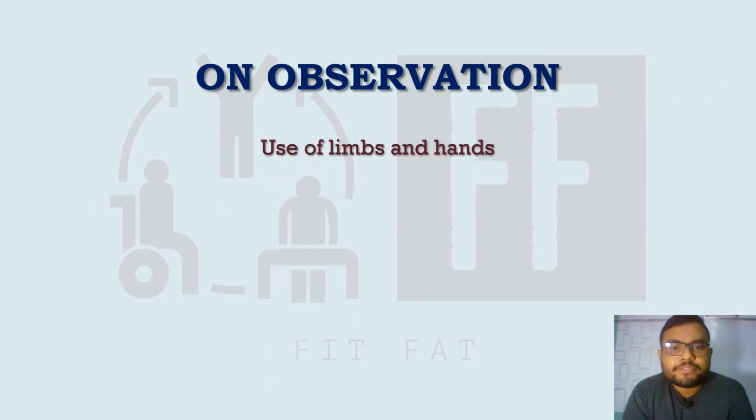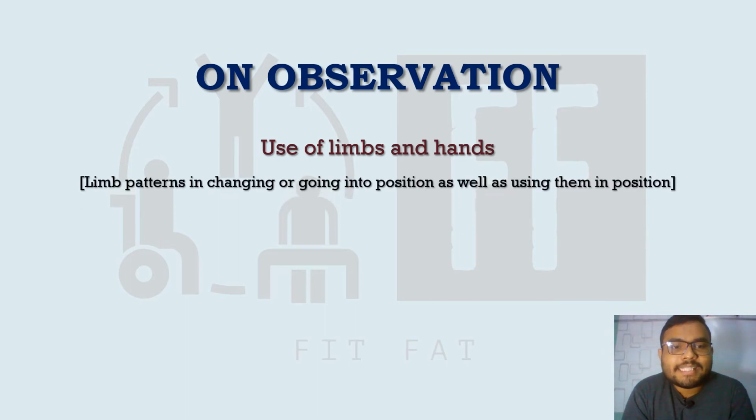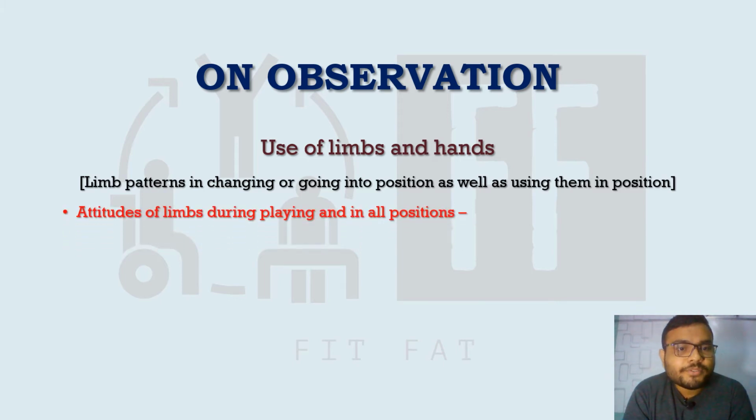Now you need to observe the use of their limbs and hands, right? So these are basically the limb patterns in changing or going into position, as well as using them properly in that position, right, without losing any balance. So here you need to observe the attitudes of limbs during the playing activity and in all other positions that the child needs to maintain.